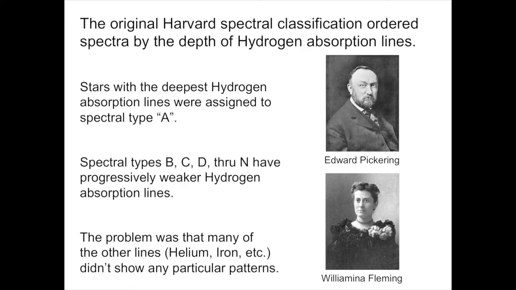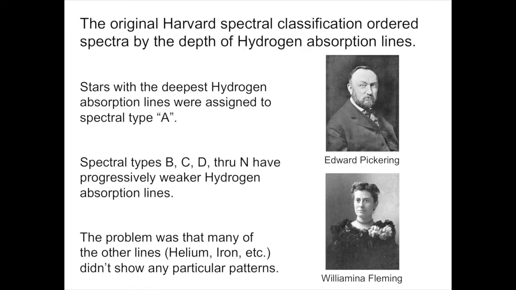The problem of this classification sequence, however, was that there were many other lines that appeared in the spectrum. For example, the lines of helium, the lines of iron, magnesium, and sodium, and so forth. But while you could simply assign A, B, C, D up through N class to the strength of the hydrogen absorption lines, it was quickly noticed by Fleming and others that the other absorption lines didn't seem to show any particular patterns to them.